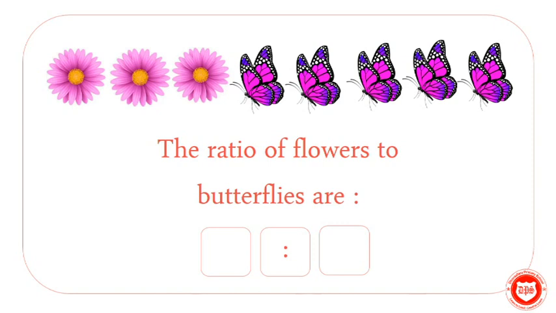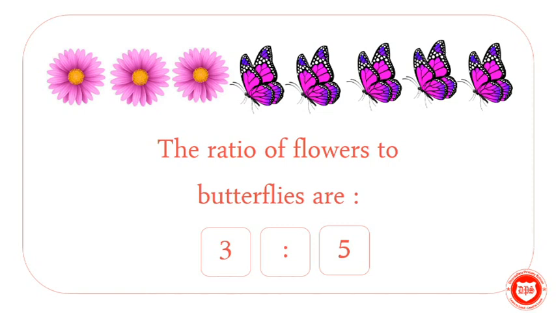Have you counted, everyone? Yes, there are 3 flowers and 5 butterflies here. So the ratio of flowers to butterflies is 3:5.